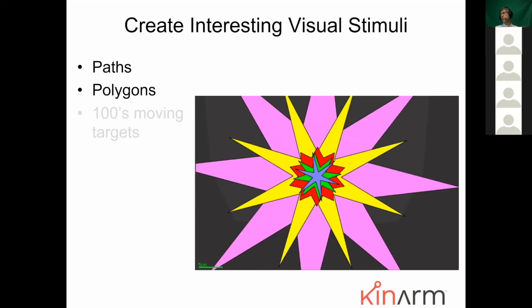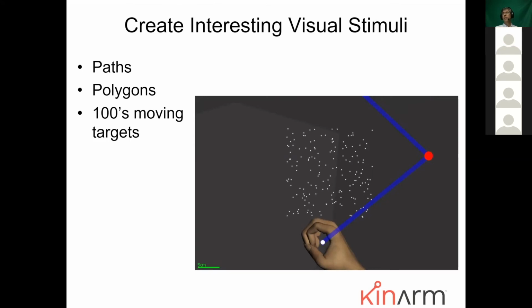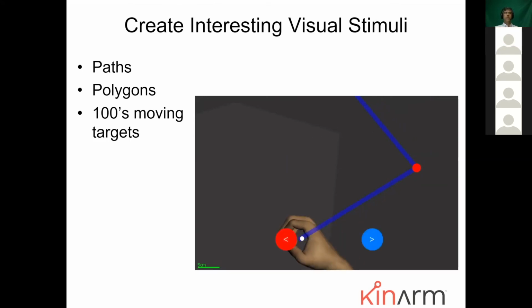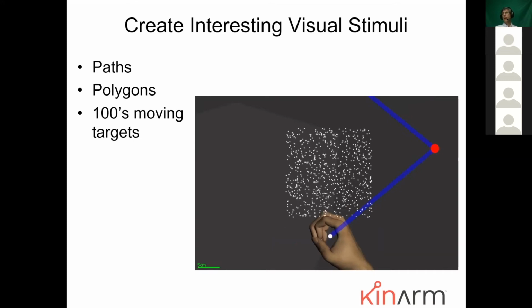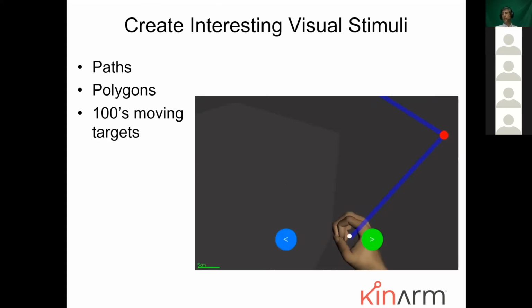And you can also create situations where there are hundreds of different moving targets. So even though a large number of people's paradigms are based on quite simple visual stimuli, don't feel you need to be restricted to that. There are a lot of different possibilities available here.